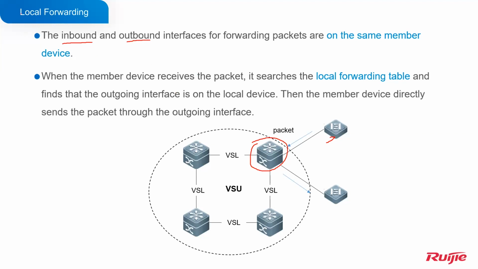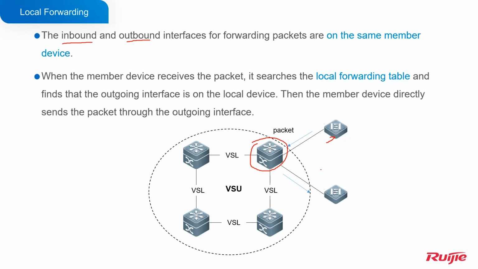This forwarding we call local forwarding. So when we receive this message, we check our local forwarding table, and then find the outbound interface is connected to another switch. Then the switch will directly forward the message out. So this is local forwarding.